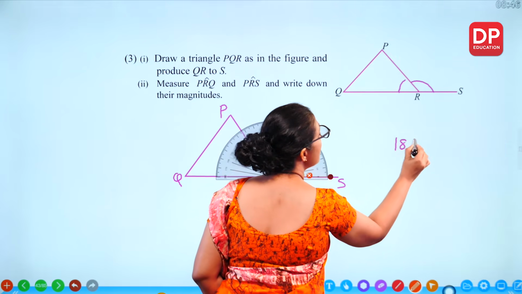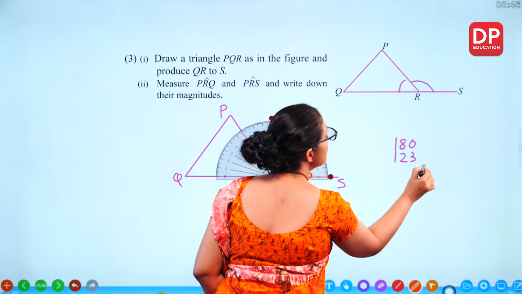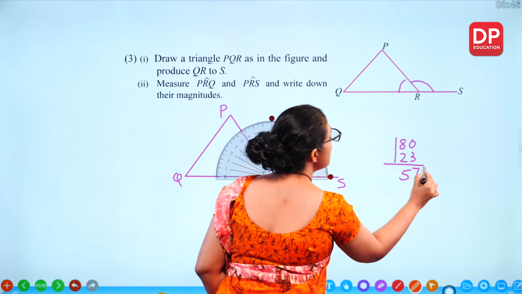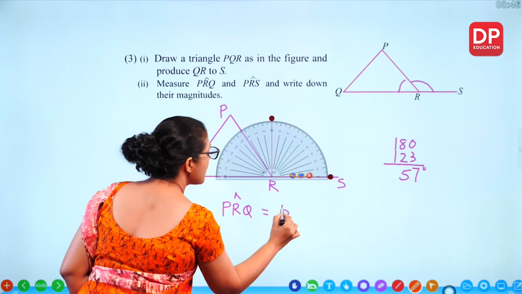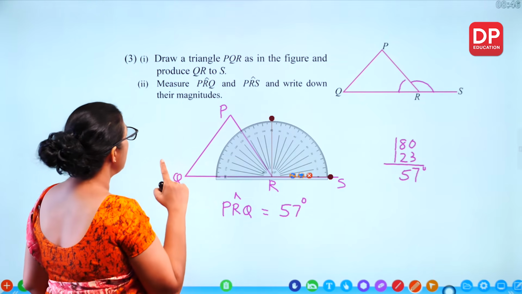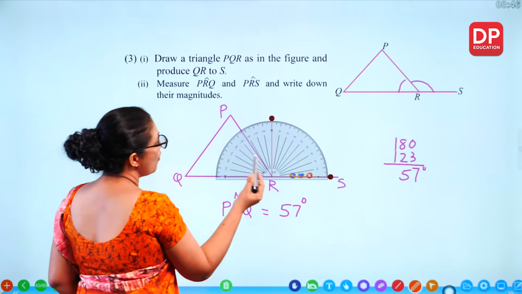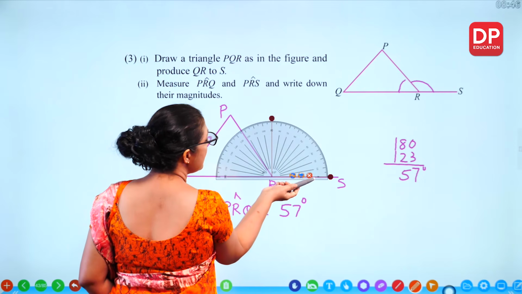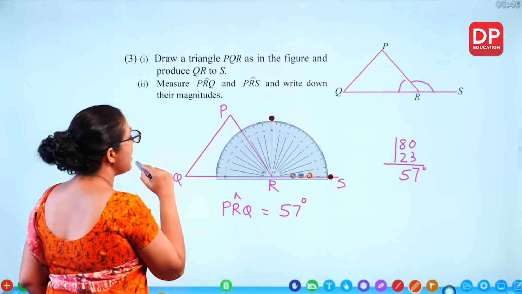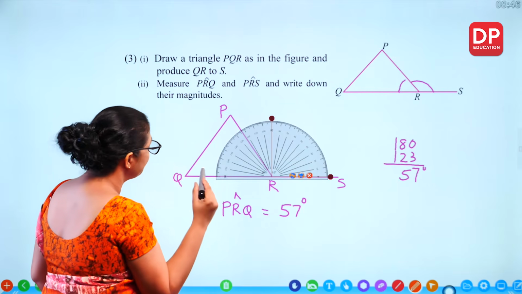123, that means 180 minus 123, 57. So 57 degrees for PRQ. Now this angle is from here, that's 123.